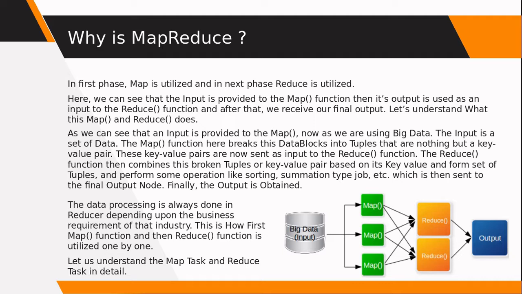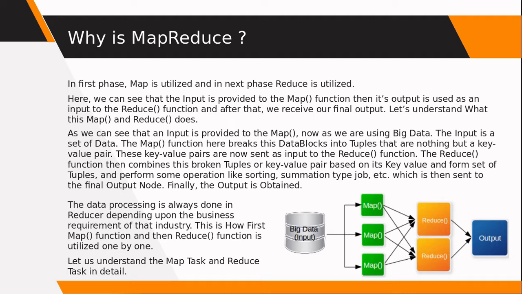As we can see, an input is provided to the map. Now as we are using big data, the input is a set of data. The map function here breaks these data blocks into tuples that are nothing but key value pairs. These key value pairs are now sent as input to the reduce function.